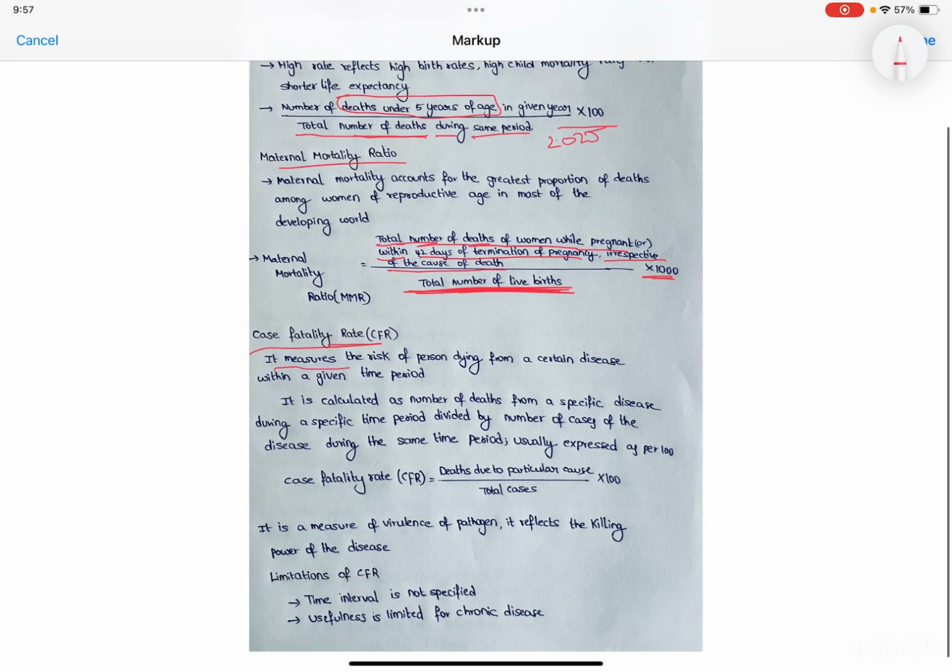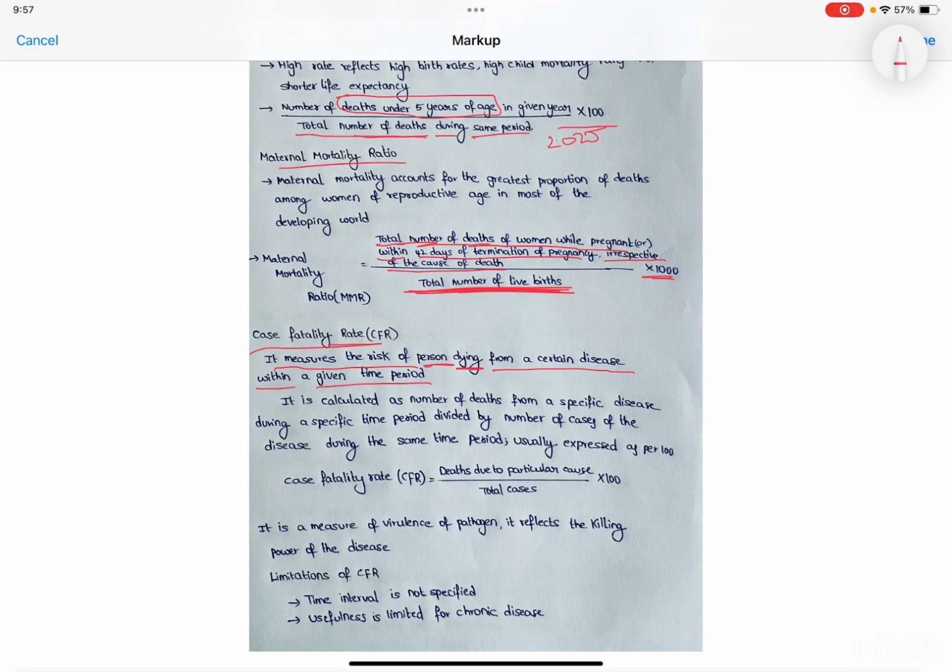Case fatality rate. It measures the risk of a person dying from a certain disease within a given time period. For example, if a person has rabies, he is definitely going to die if not treated early, because rabies is a condition where most of the people die.